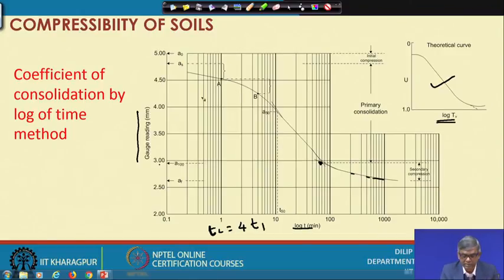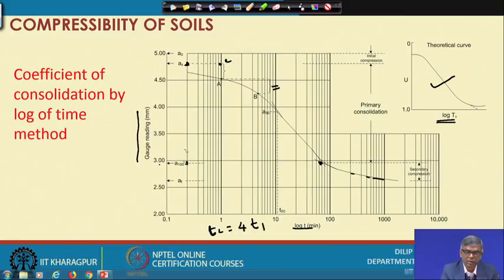Then the distance or ordinate between A and B is some value, then from A we select another point, suppose C, and locate that point. Through that point make a horizontal and intersect this ordinate; that point indicates 0 consolidation. So, we get 0 and we get 100. So, from here to here this is the consolidation settlement.